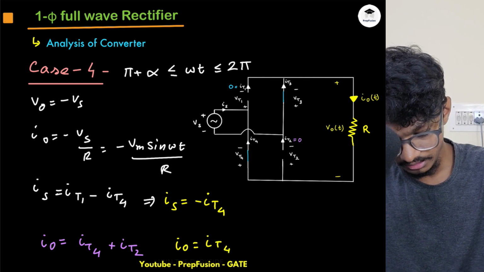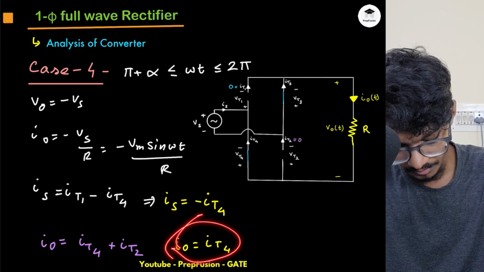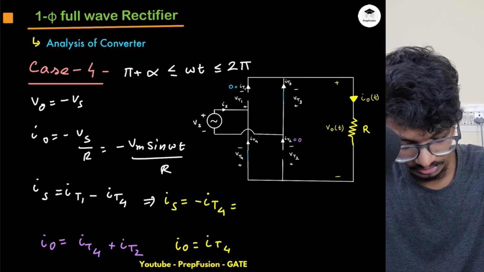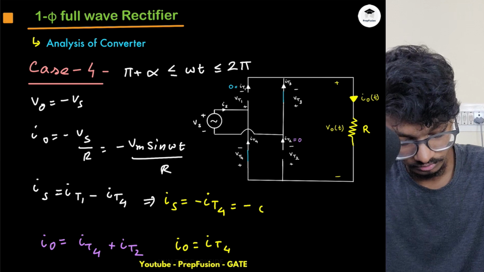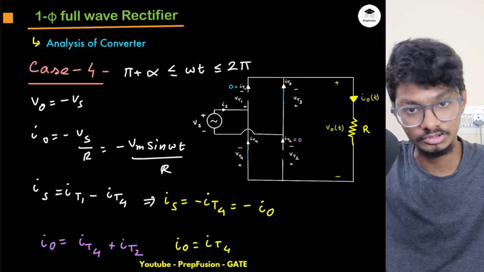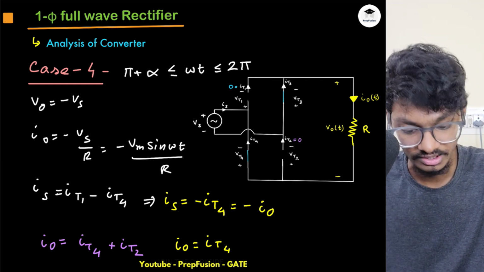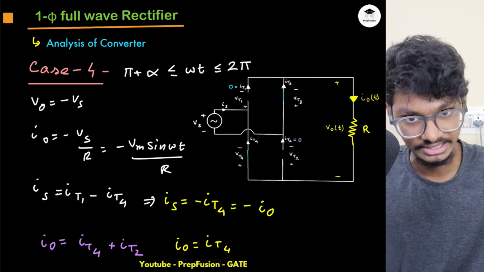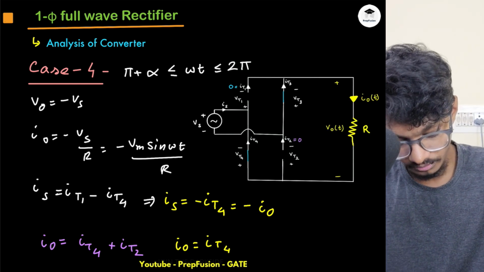If I replace this here, IS this time is minus IO. It is not equal to IO, it is minus IO. Previously it was plus IO, now it is minus IO, as in the analysis of case 2. So what is my IO?